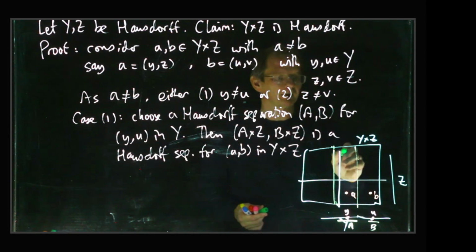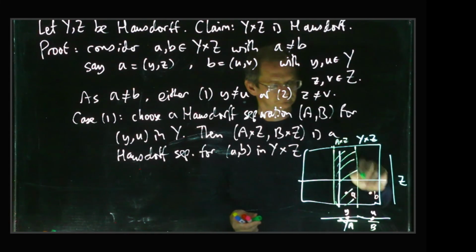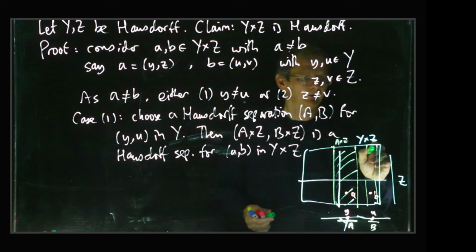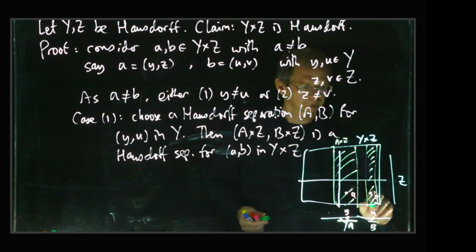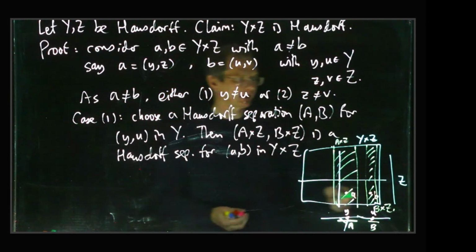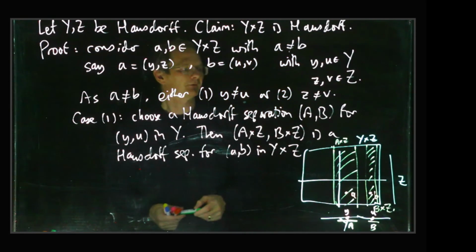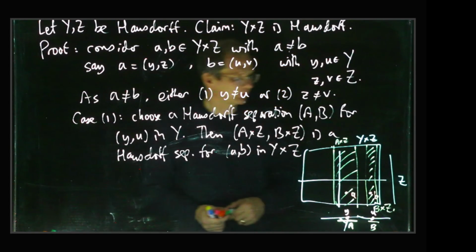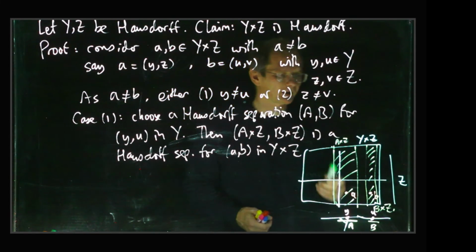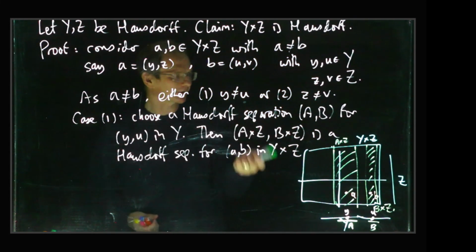This is A cross Z, and this is B cross Z. They give us a Hausdorff separation in the product space between A and B. Remember that the open sets in the product topology can be quite complicated, but the simplest kind are open set cross open set.